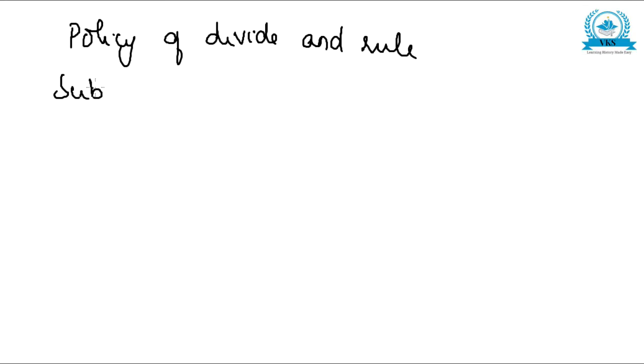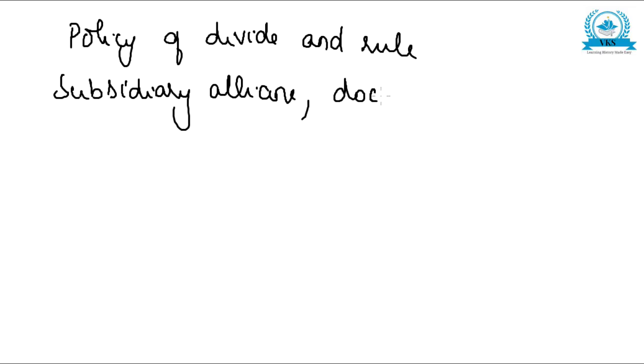Two more things they did as part of their expansionist policy were the subsidiary alliance and the doctrine of lapse. We have already studied both these policies in the previous chapters. They also enraged the Indian princes.